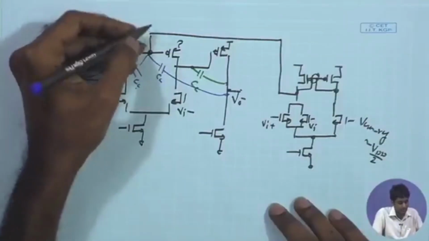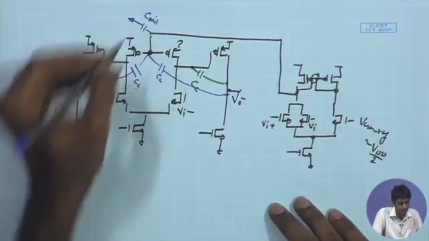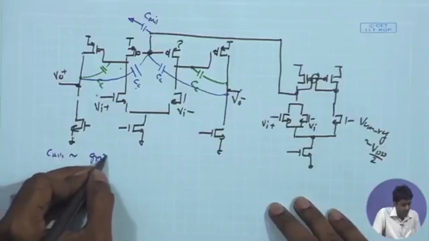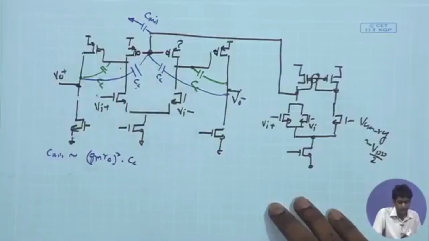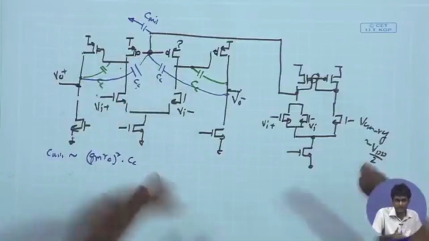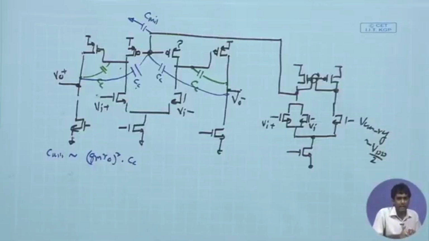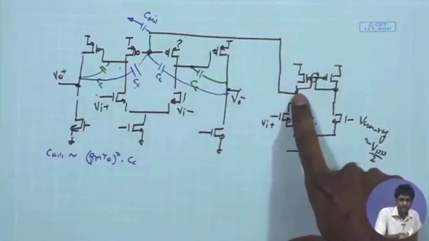The effective capacitance that you get over here, C Miller if I call it, will be of the order of GmRo square times the CC, which can be significantly larger as compared to GmRo times CC, 100 times larger.